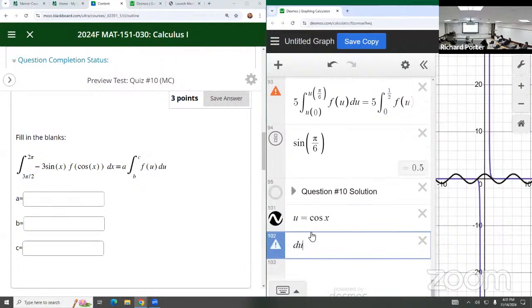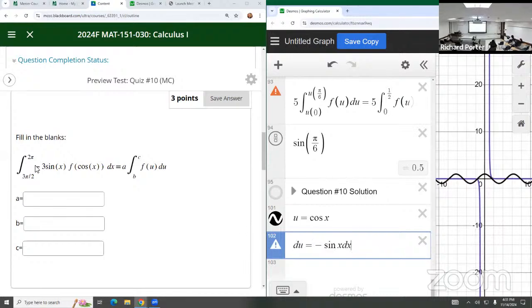Negative sine of x dx. So I'm looking at my problem. I have a -3. So the negative is being used in the differential. Everything here is used except the number 3. So what's going to come out for the letter A? The number 3.